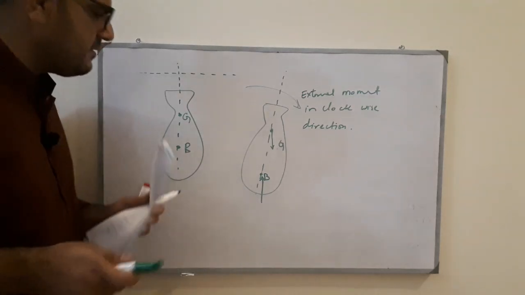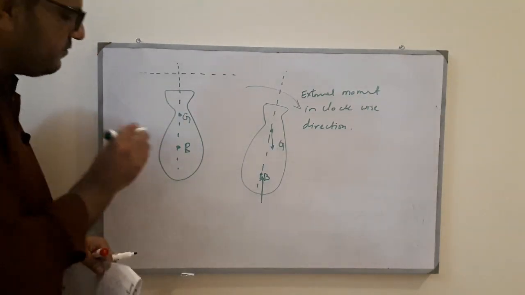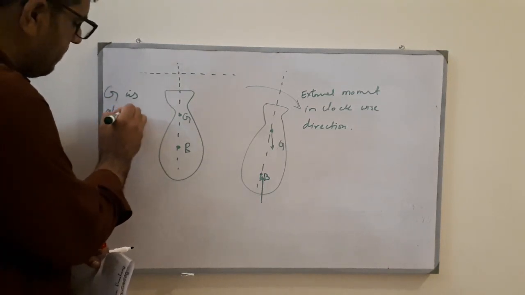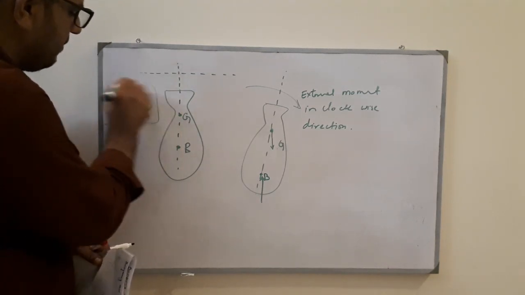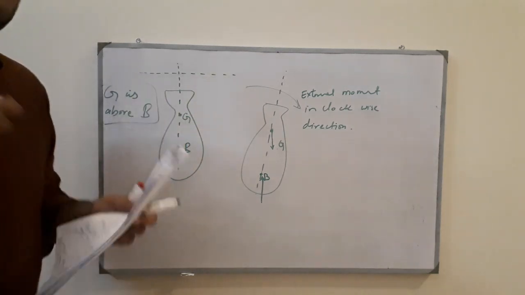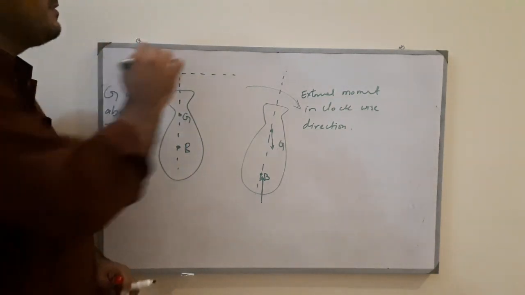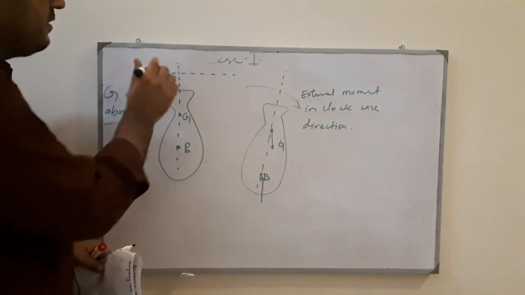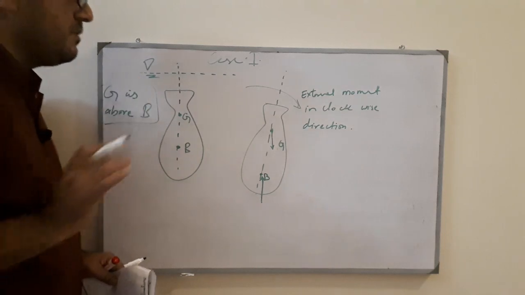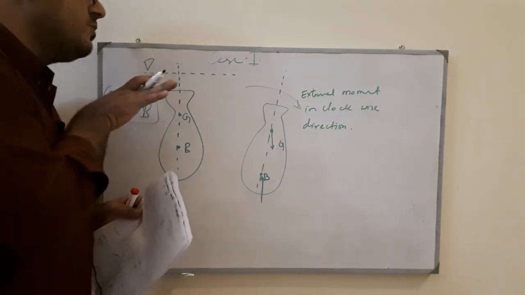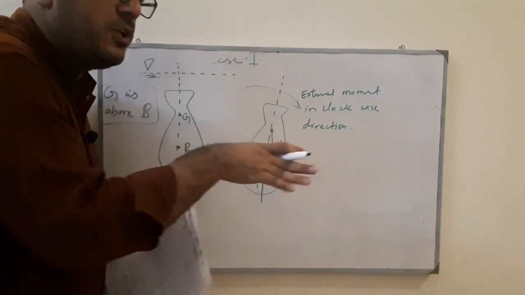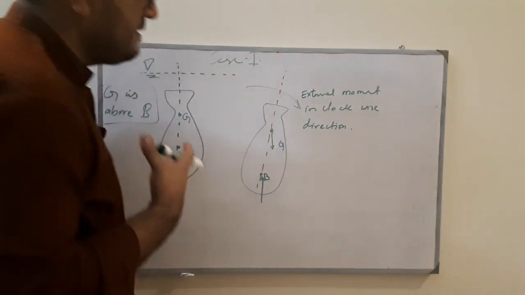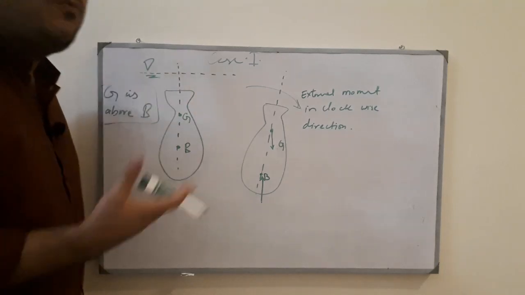Here in this case, this is the first case, when G is above B. Now the center of gravity is above the center of buoyancy. This is case 1. This is the free surface and the body is immersed. Now I try to disturb the body by applying some external force, and we'll see whether the body is in stable equilibrium or not.